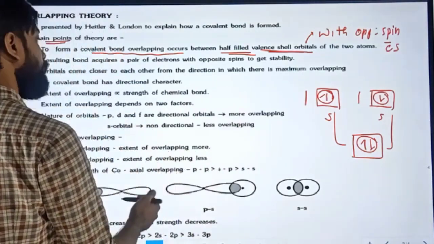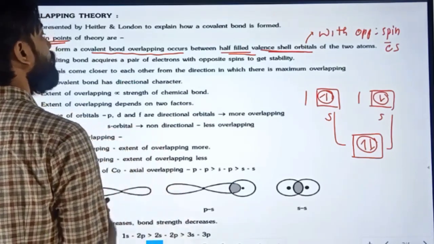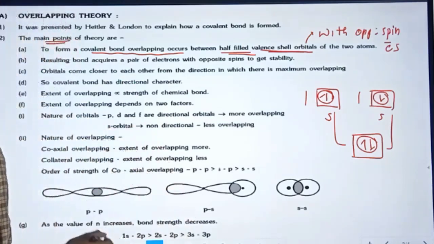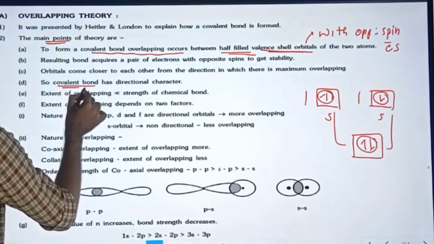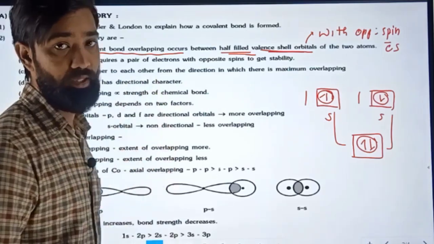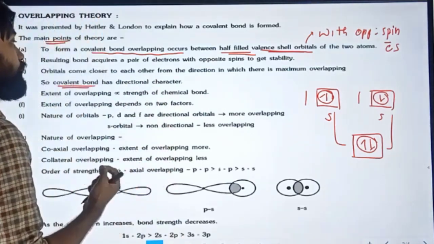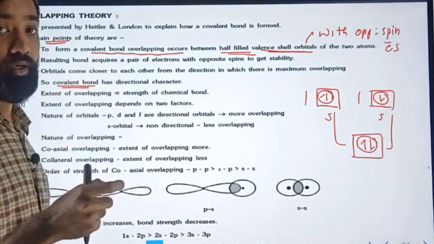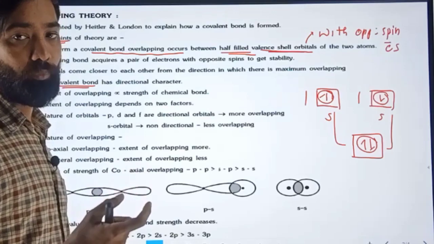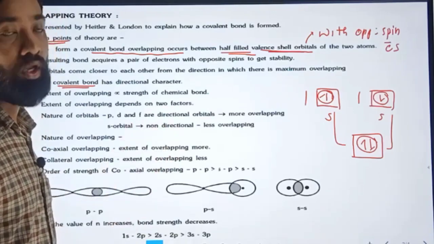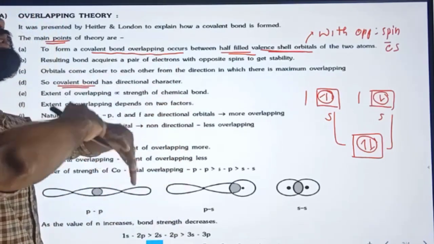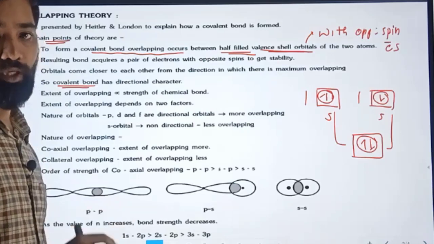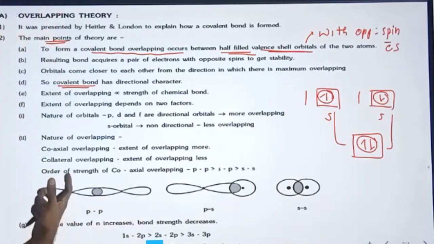When they come closer in a particular direction, only then do they form maximum overlapping. So every covalent bond has a directional property, because a covalent bond is formed by the overlapping of particularly oriented orbitals. Orbitals have a particular orientation in space, so when they overlap, the bond has a particular orientation. So all covalent bonds have a direction.